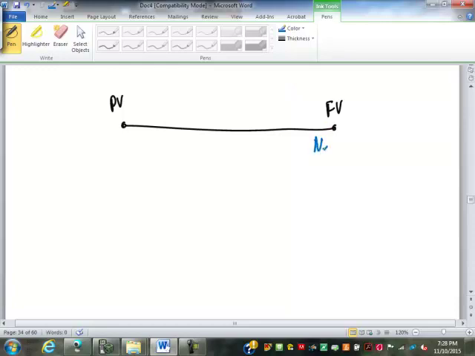Let's say we're going to need $24,000 in the future to put a down payment on a house, and our goal is for that to happen in 6 years.